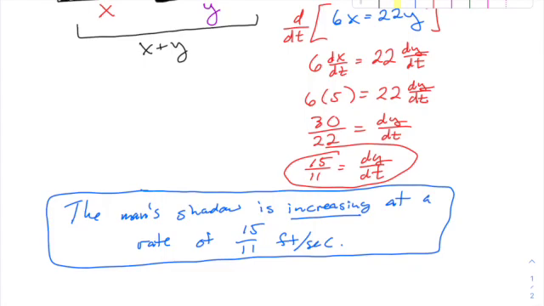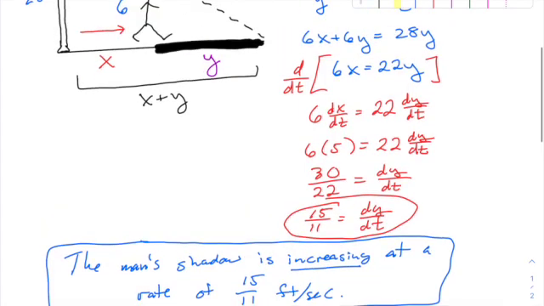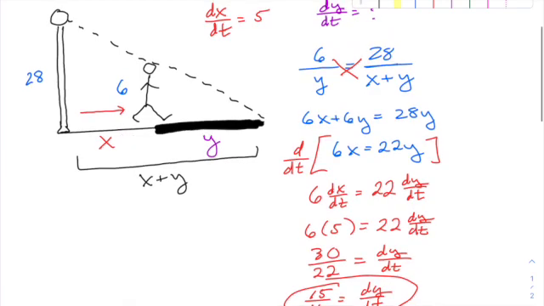Another twist on this, as kind of a footnote here, is that sometimes they'll ask not for the rate of change of the length of the shadow, but how fast is the tip of the shadow moving. And what's happening there, in case you encounter that, is that the man is walking, so the shadow is moving, but it's also getting longer on its own.